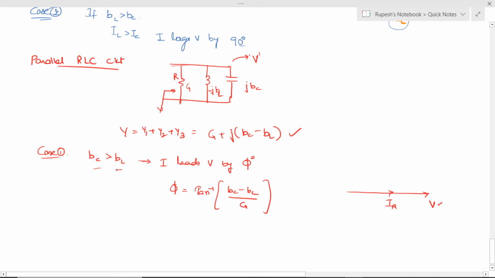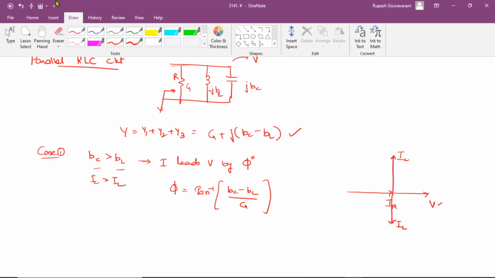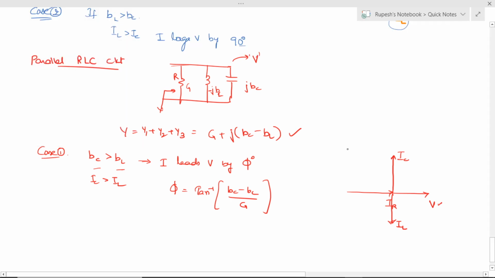Now, as BC is greater than BL, obviously the capacitor current leads. So capacitor current IC is in the upward direction. As BC is greater than BL, IC is greater than IL. That means if you take IL in this direction, the arrow vector will have a lesser length. So the resultant current will be in the upward direction, which is given as IC minus IL.